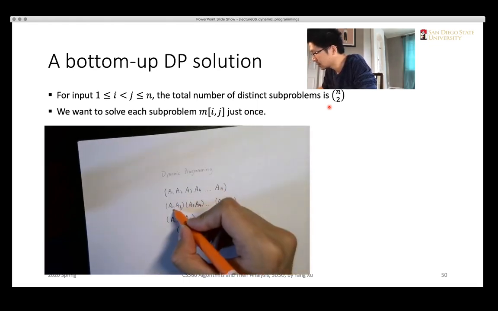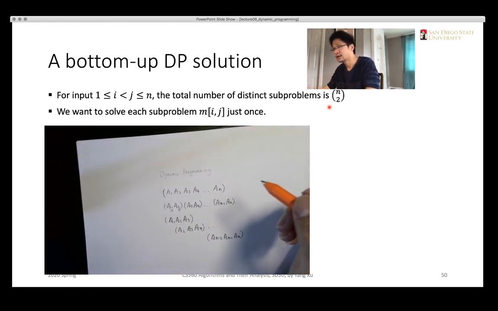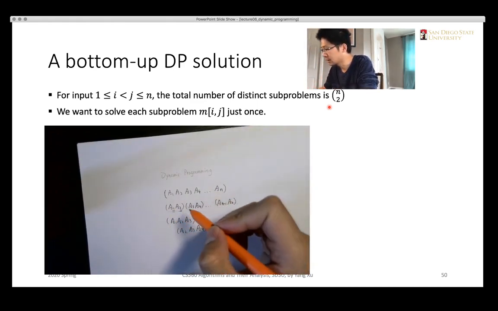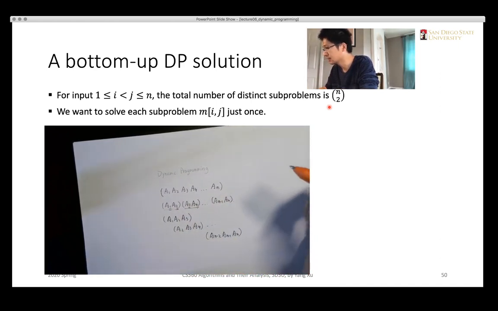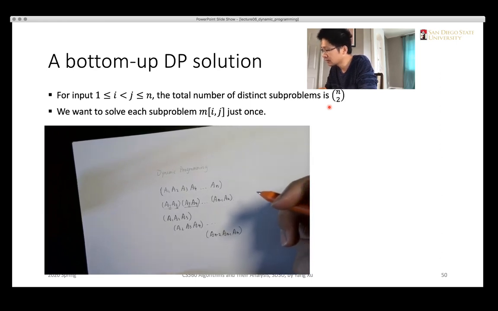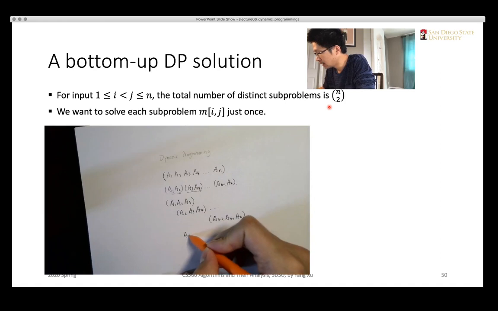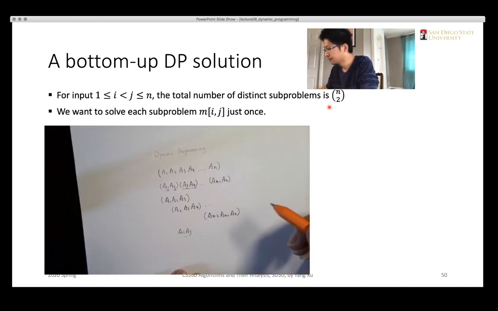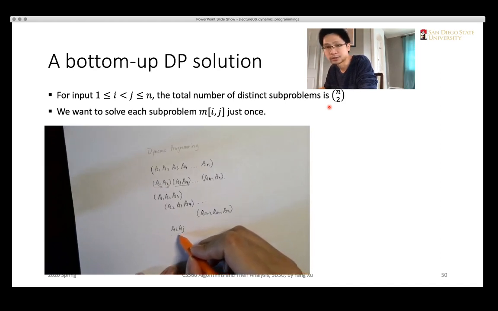So the indices 1 and 2 define a subproblem, which is A1 times A2, and the indices 3 and 4 define a different subproblem. We can use Ai to Aj to define the subproblem that we want to solve, and there could be matrices between i and j.